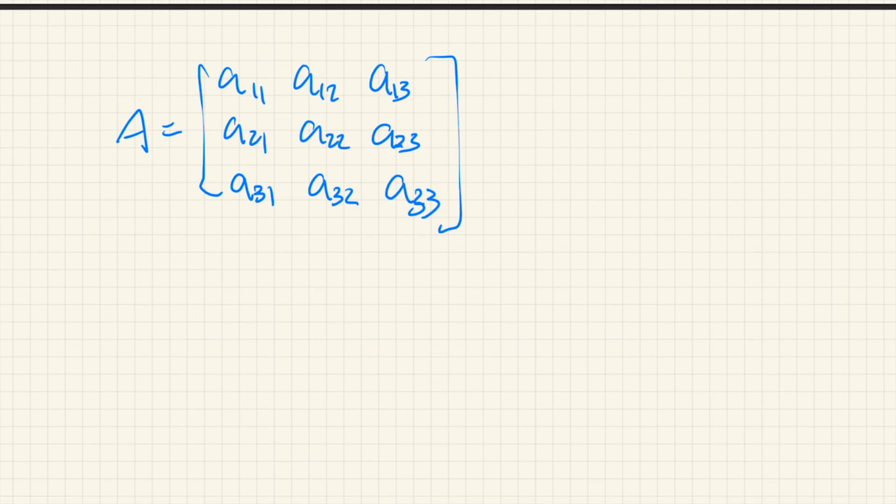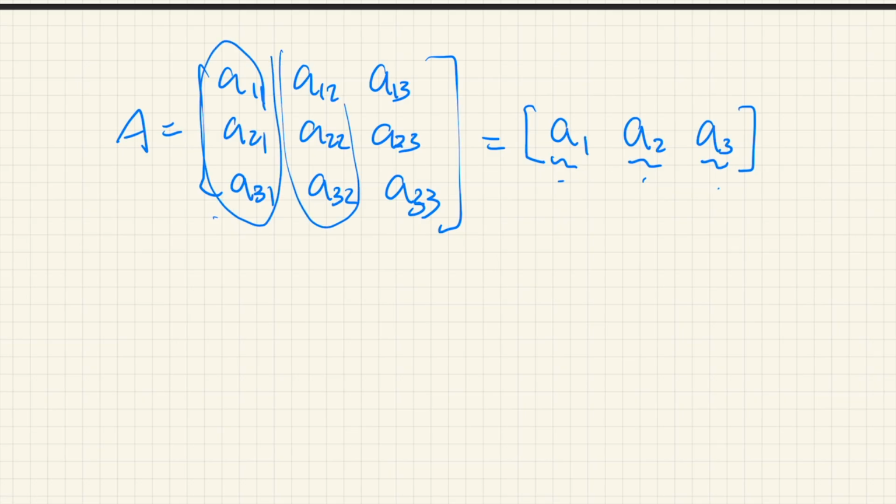A particularly useful class of block matrices is the block matrix consisting of column vectors. For example, if we have this 3 by 3 matrix, we may partition this into column vectors A1, A2, A3. So each of these column vectors corresponds to these columns.